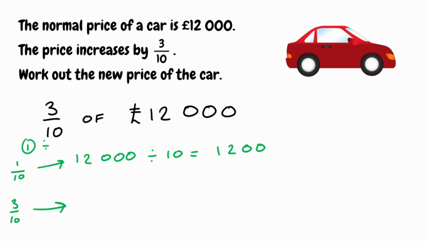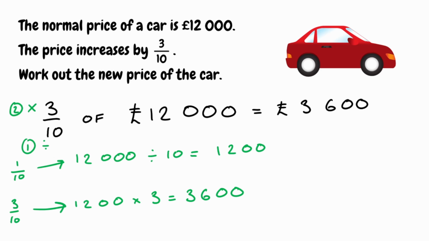So we need to follow the second step, which was to take our answer and multiply it by the numerator. So we're going to take that 1,200 and times it by 3. 1,200 multiplied by 3 gives me 3,600. So we know that 3/10 of £12,000 is £3,600.